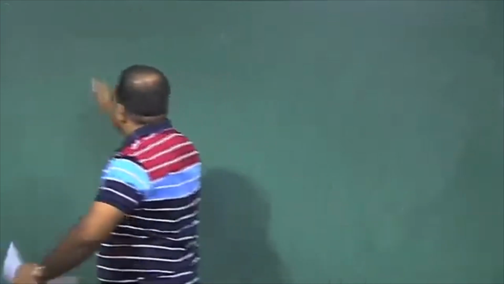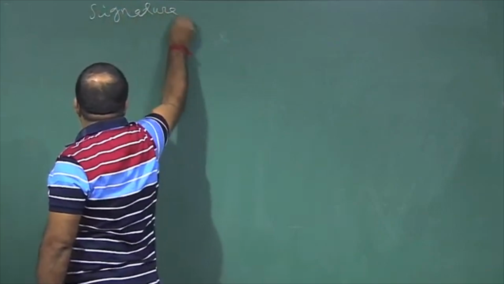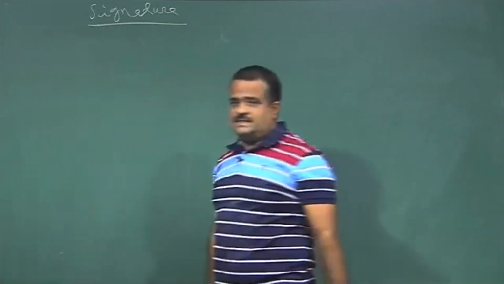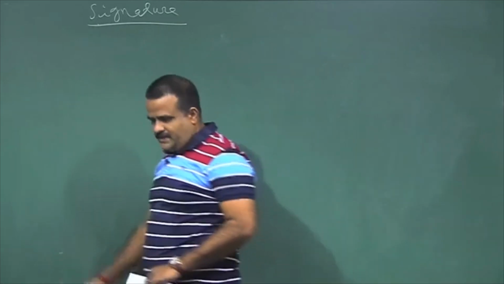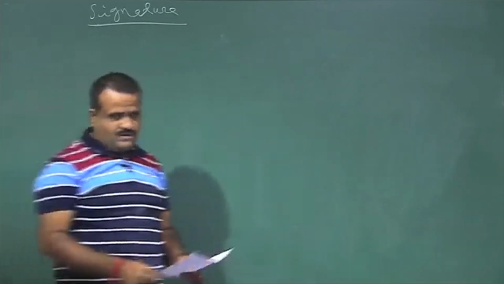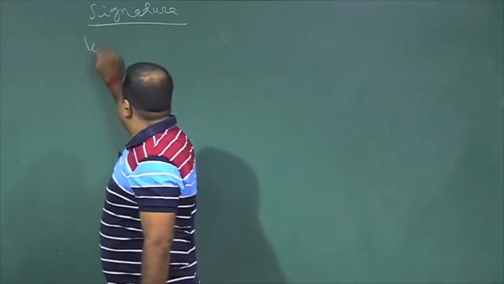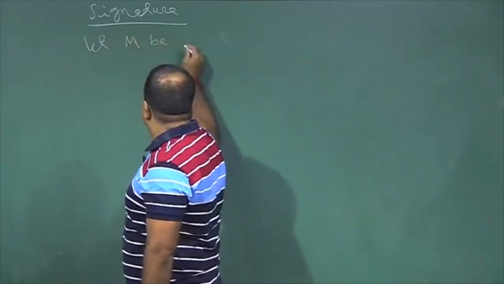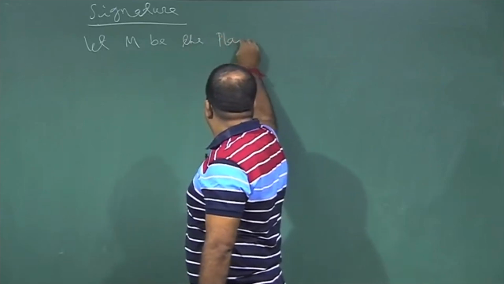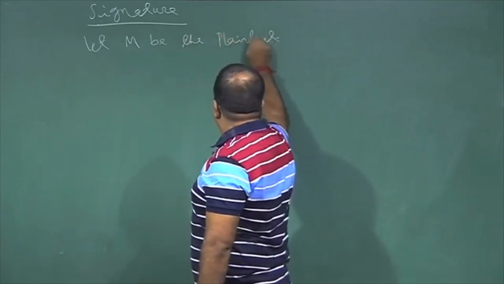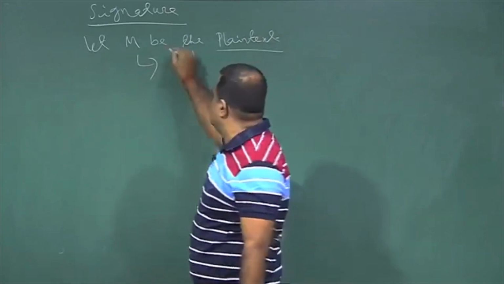So, this is the signature part, which is done by the signer. And the verification can be done by any other user which belongs to that group. Okay, let M be the message or plain text, and M is any arbitrary bit string. It is a big message.